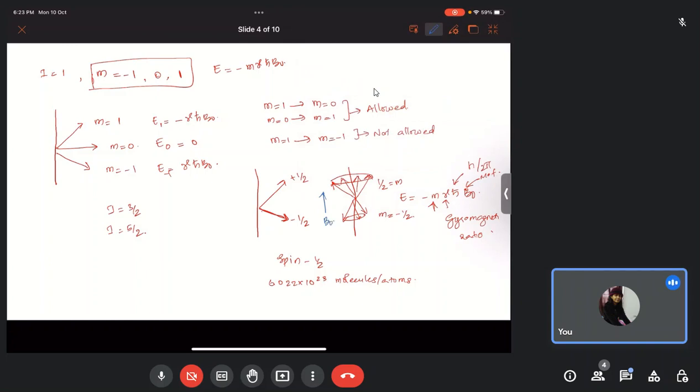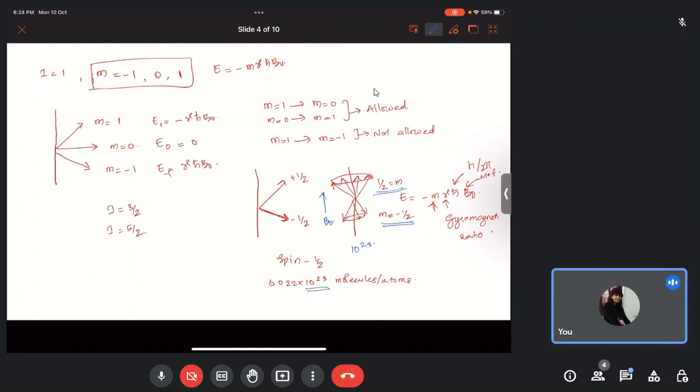Here I am just representing with a couple of spins. If you have some 10 raised to 23 molecules, a little more than half will align in the orientation of m is equal to 1 by 2, and a little less than half in the other.